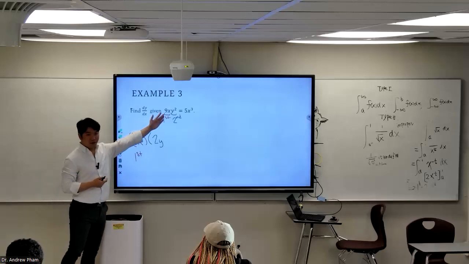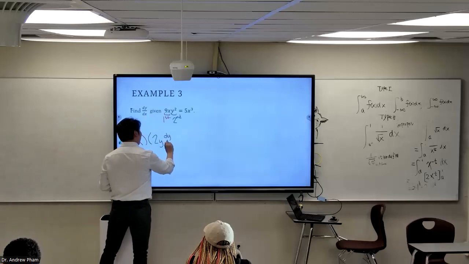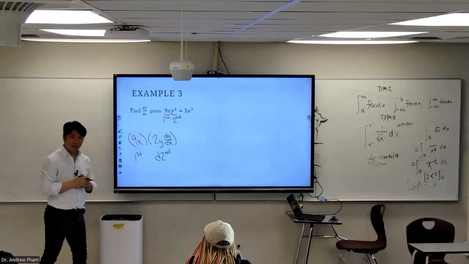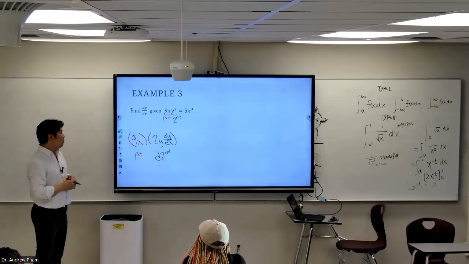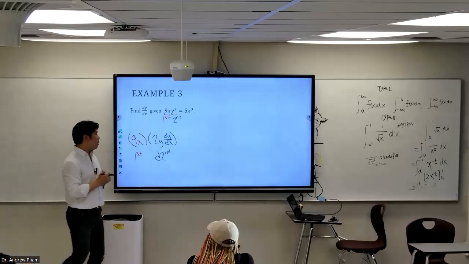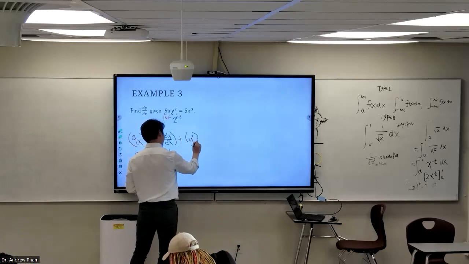Here I just said the derivative of y squared, so I had to put 2y and then dy dx. Or again, if you want, you can put y prime. It doesn't really matter. So I have first d second plus the second, so plus y squared.